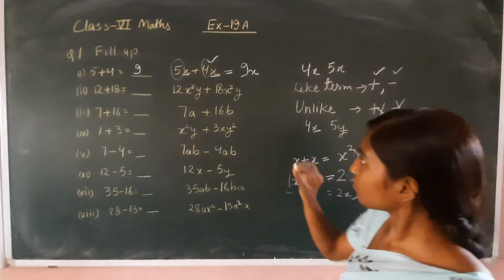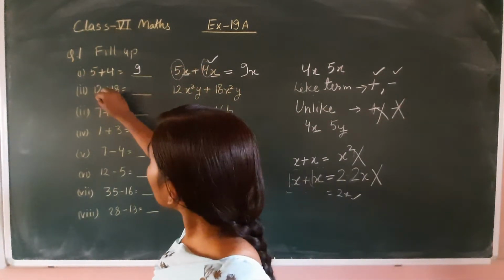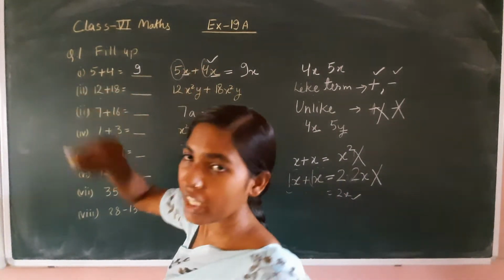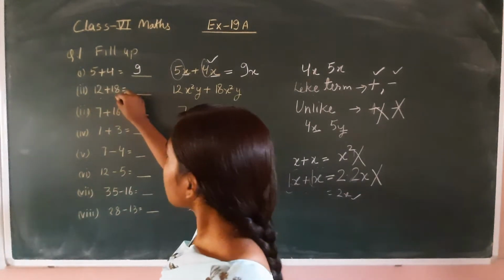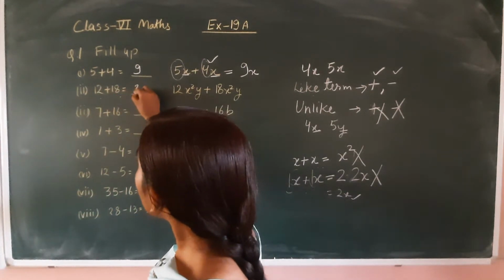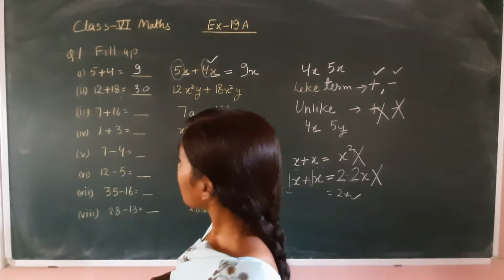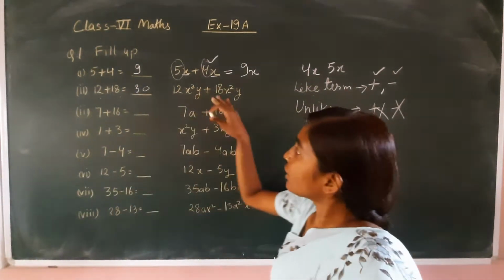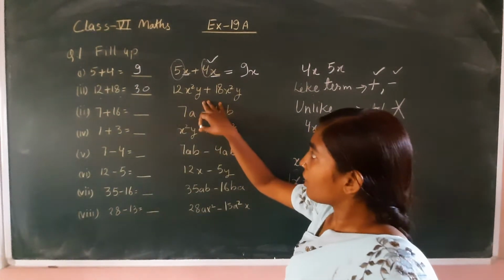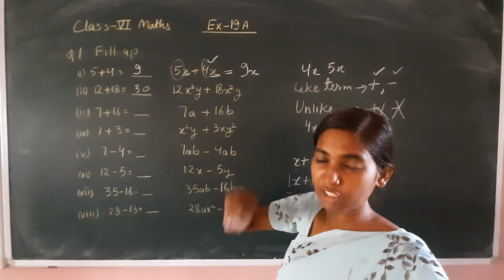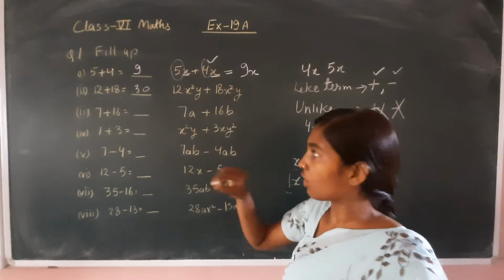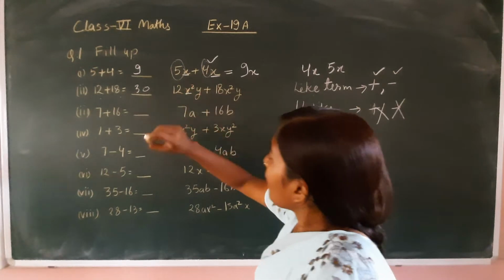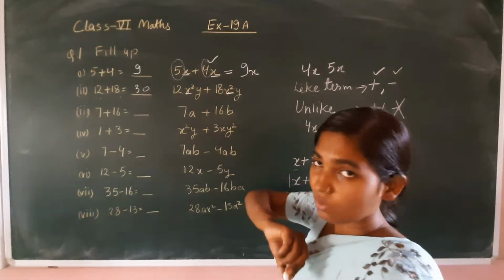Okay. Now come to the next one. 12 plus 18. When you add these numbers, 12 plus 18, you will get 30 as the answer. But come to algebra. In algebra, you have to first check whether they are like terms or not. Here is x square, here is also x square.